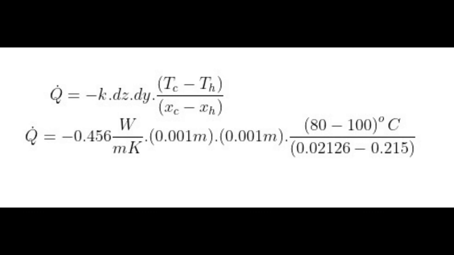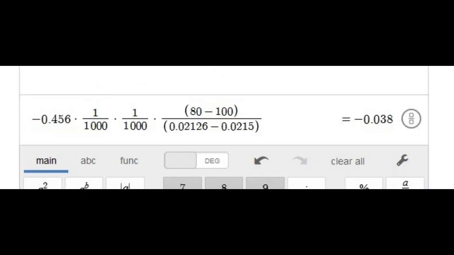The values of other properties remain unchanged. These values were placed in the Desmos scientific calculator, and the rate of heat transfer is negative 0.038 watts. So we can conclude that the origin of the coordinate system is important because it will tell us the correct direction of heat flow, relative to the origin.